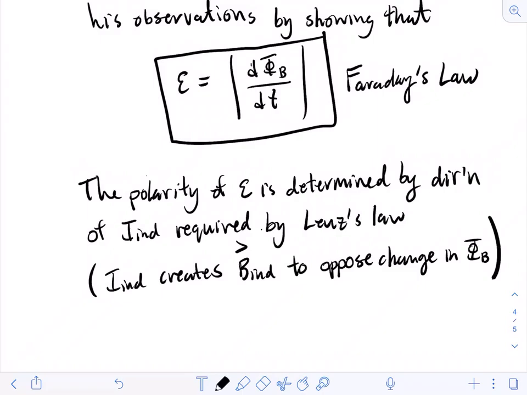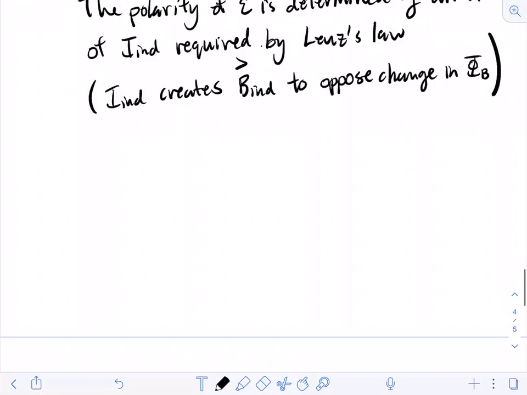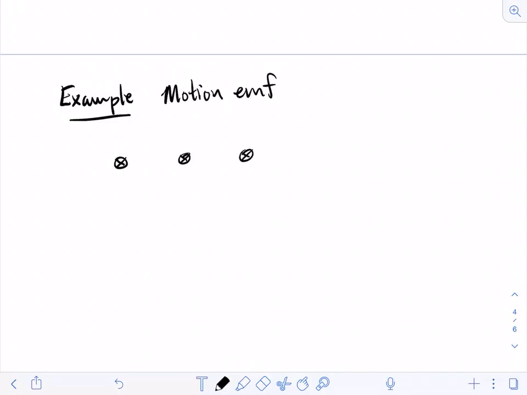Okay, so we could do a couple examples. Let's do it on a new page. So example. Let's see if we can recalculate some of the motional EMF results. So the picture was that we have some uniform and static magnetic field.